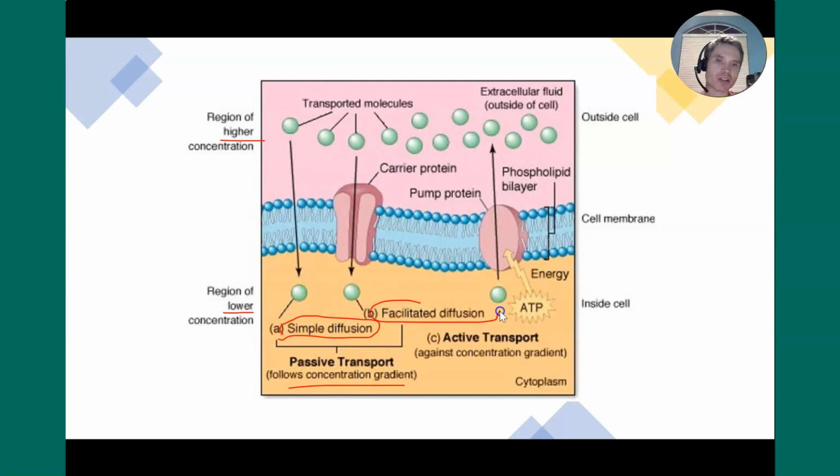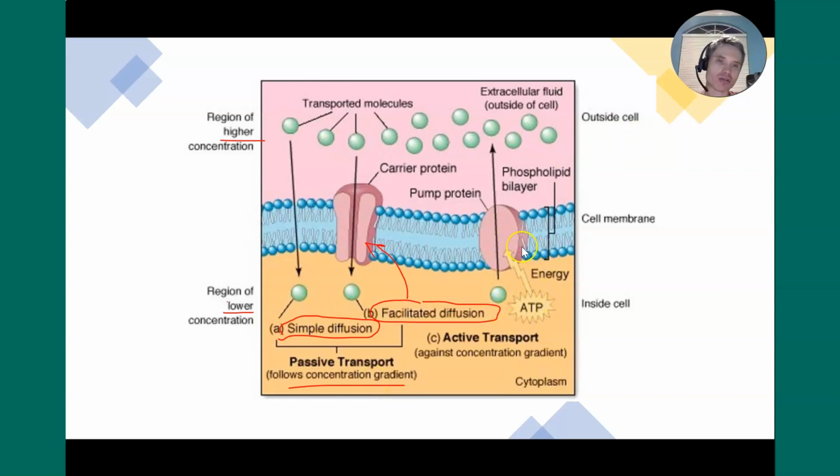The next type of movement is called facilitated diffusion. Facilitated means that we need a specific carrier protein to accomplish this task. However, because once again we're going from high concentration to low concentration, we can assume that this is also a form of passive transportation.